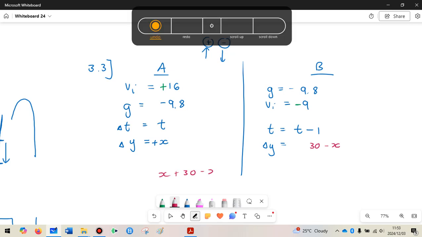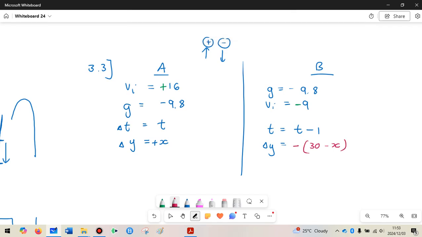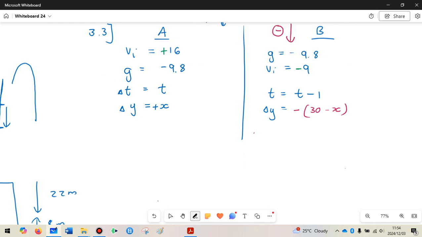But not just that, you need to put a minus in front of this whole thing, because B ends up moving downwards. In other words, if you think about what we said earlier, it ends up below the starting point, and that's why it's a negative displacement. So we don't know what the speed of either of these objects is when they meet, so we don't have v final for either one of these. And the only equation that doesn't have v final in it is this equation.